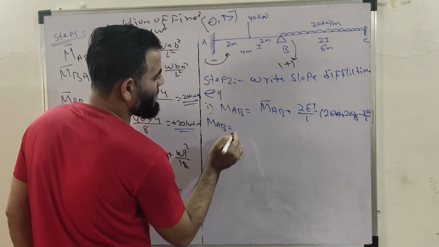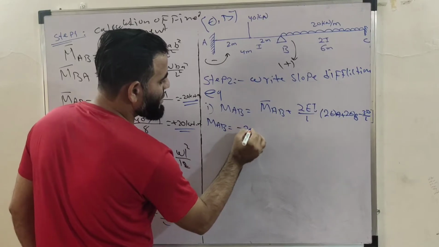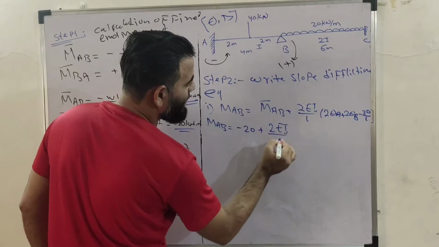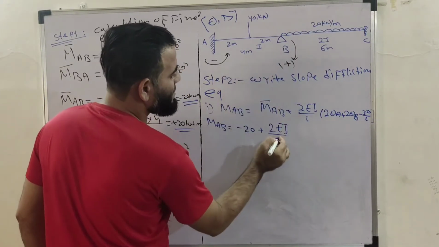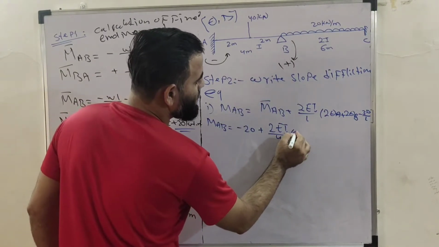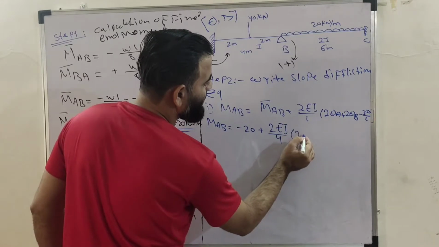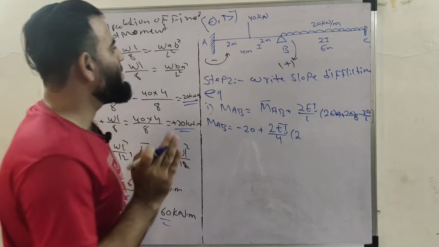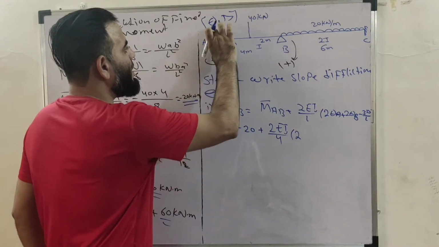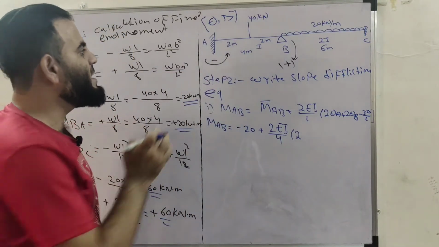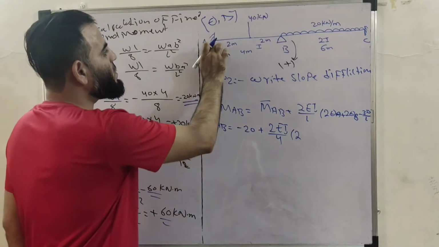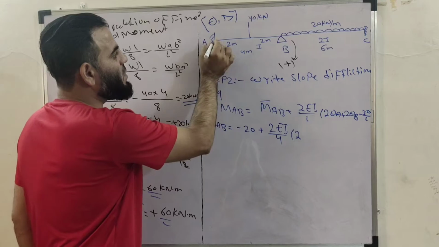Now we will substitute the fixed end moment here: minus 20 plus 2EI by L, where span L is 4, into 2 theta A. Dear friends, you should know that if the beam is fixed, there is no rotation, so the angle is 0 here.